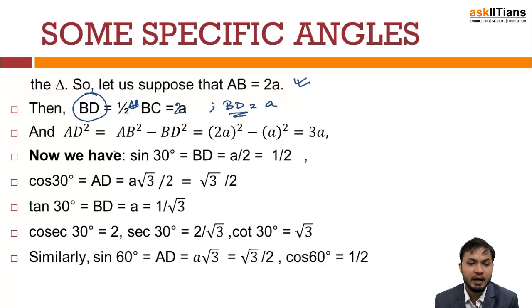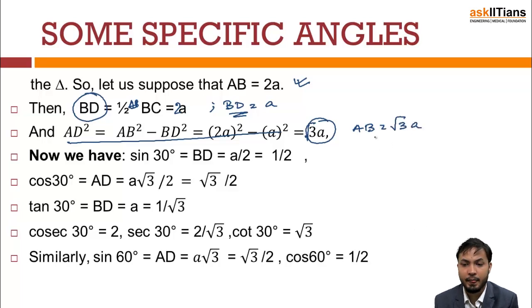Using the Pythagoras theorem, I get some value like this: AD is equal to root 3 A, right?